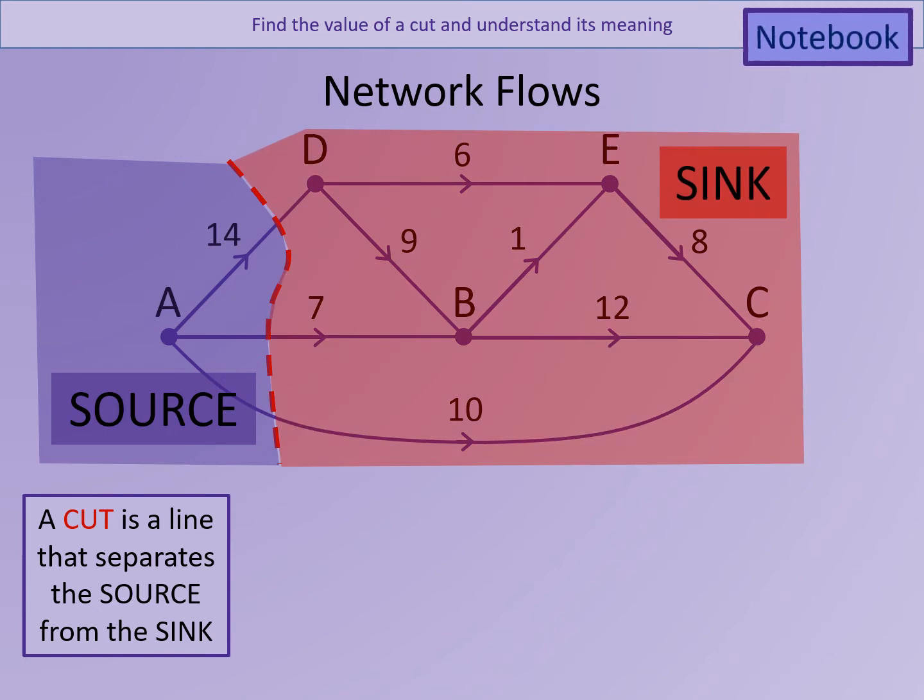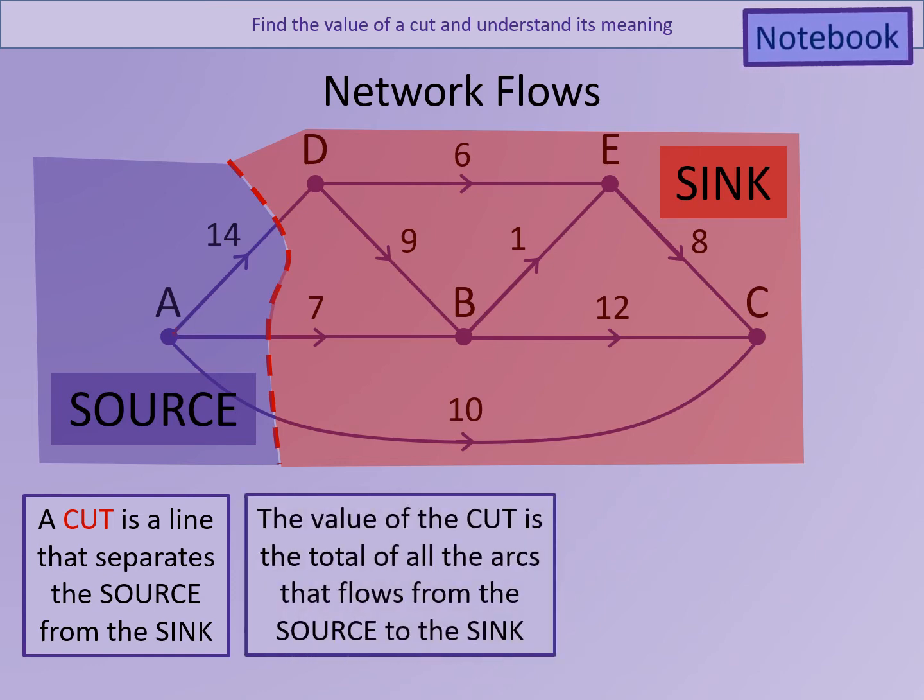Now I've coloured those two different colours so that we can see which nodes are on the source side and which nodes are on the sink side. Now we can find the value of a cut by adding up the weights of any arc that is travelling in the direction from source to sink going over that cut.